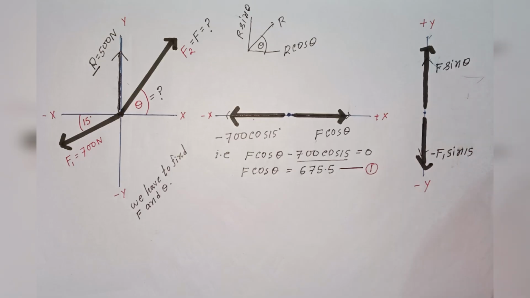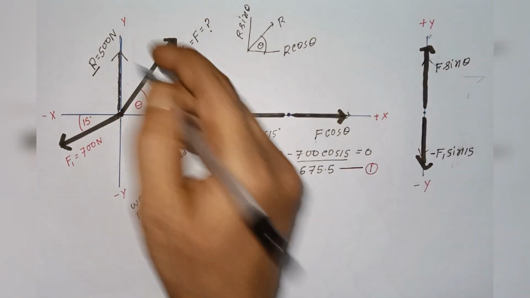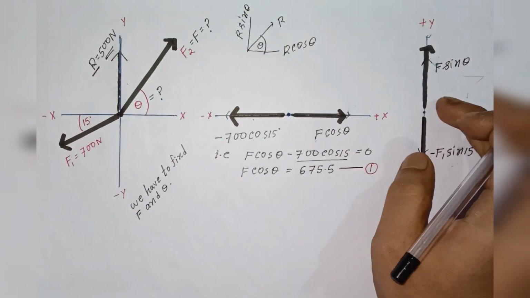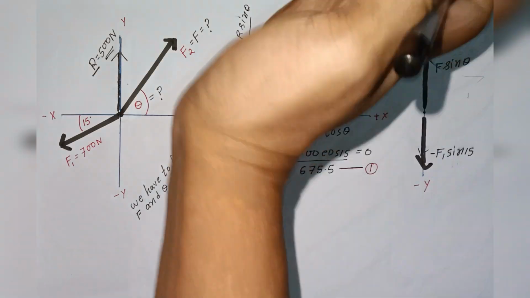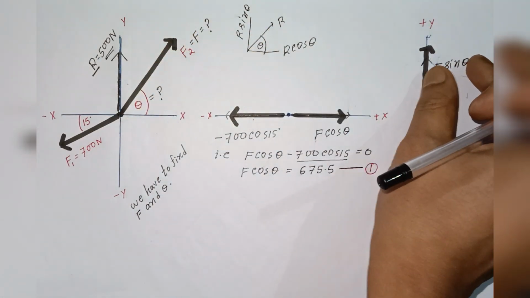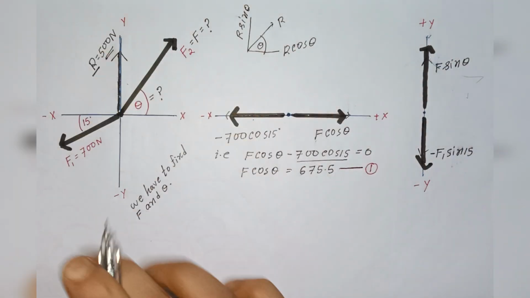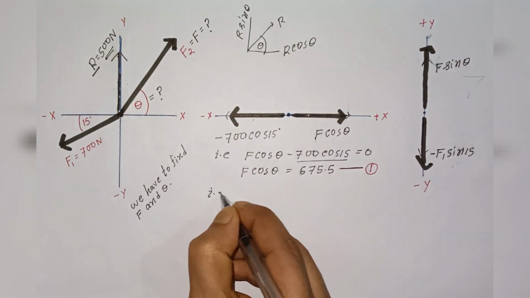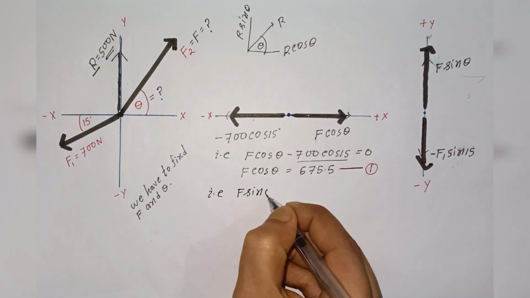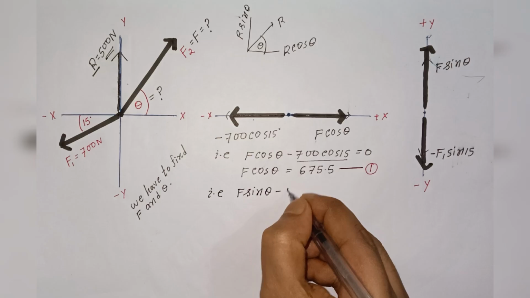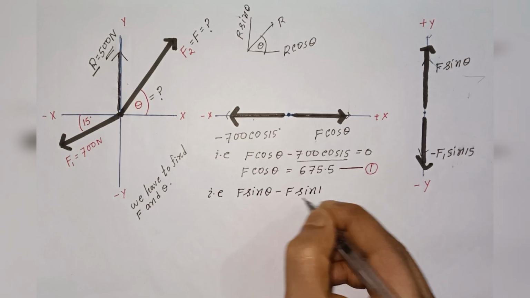I think you understood. We can say the summation of the total components of the y-axis equals 500 Newton because 500 Newton is the given resultant. Here it is not equal to 0, it is equal to 500, the upper side resultant. So we can write F sin theta minus F1 sin 15 equals 500. Plug in the value of F1, that is 700 Newton, and take the sine 15 value.